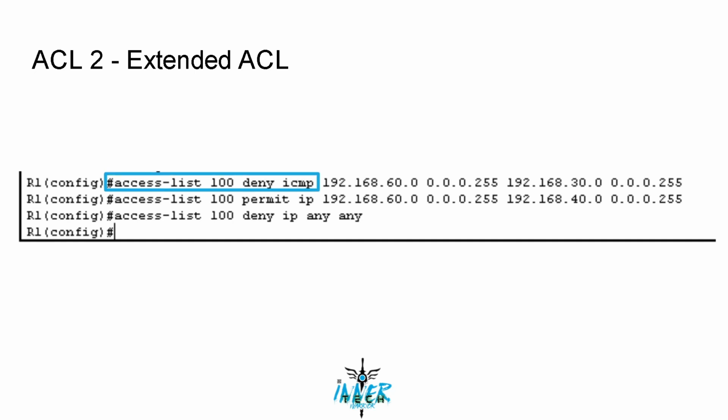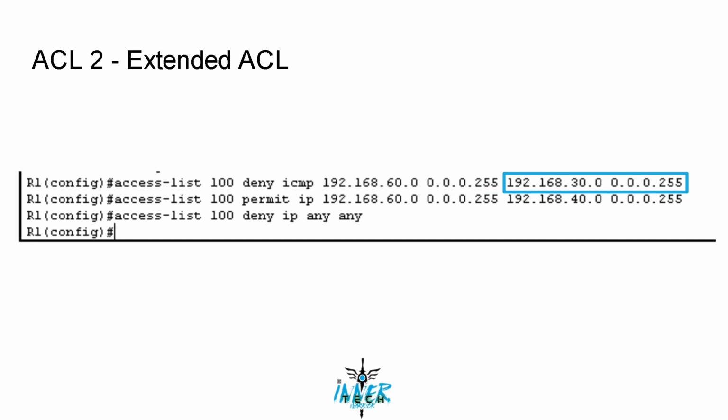So we're using this remark to explain what this ACL is. Access list 100 deny ICMP is used for the protocol we're denying. 192.168.60.0 is used to specify the IP network of LAN 2 as the source. Then 0.0.0.255, the wildcard mask of the network. And now we can put the destination as this is an extended ACL.